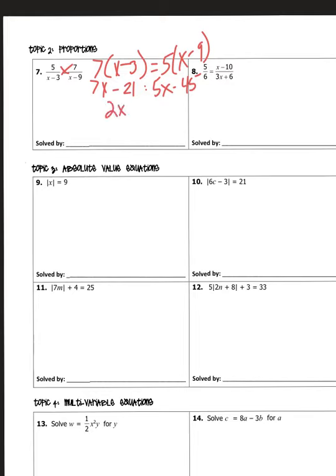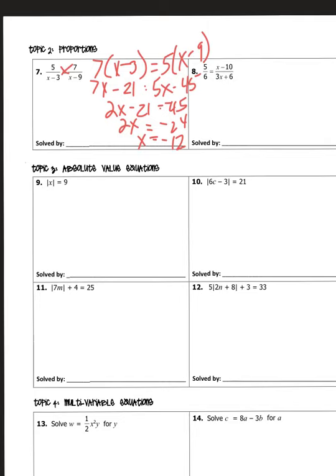We're left with 2x minus 21 equals negative 45. Add 21 to both sides, and we get negative 34. I'm sorry, negative 24 equals 2x. And then divide by 2, x equals negative 12.